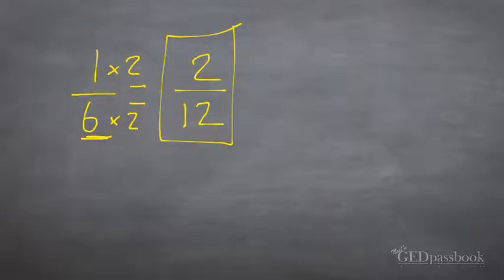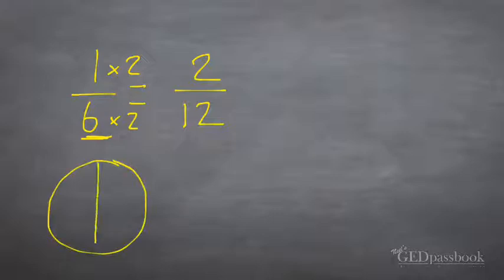If we were to draw this out, do you think they'd look the same? You think they'd be identical? Of course, because that's what equivalent fractions are. Let's draw 6. Oh my God, this is going to be hard. How do I do this? This is impossible. 1, 2, 3, 4, 5, 6.